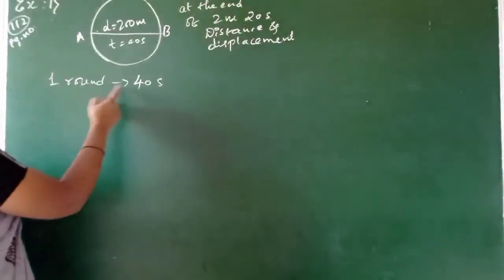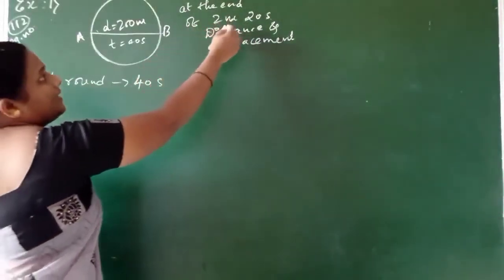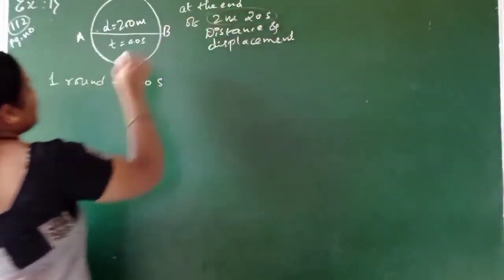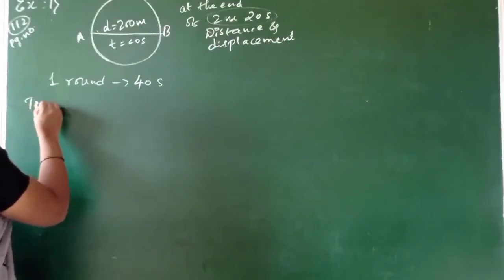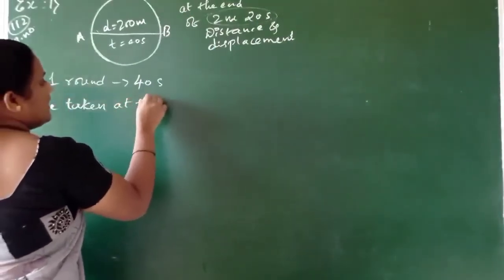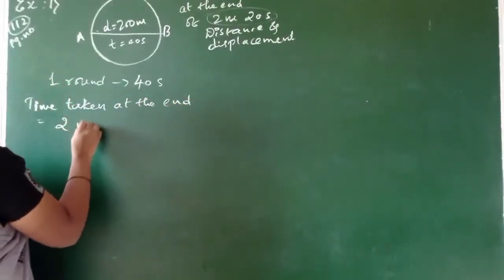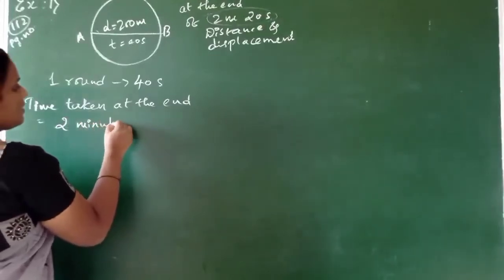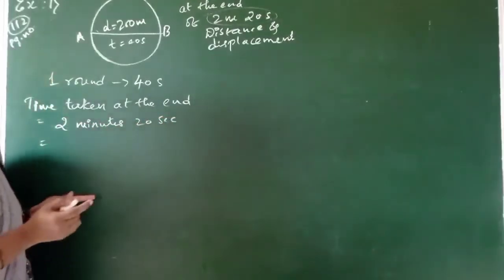So, if one round takes 40 seconds, let us calculate the total time taken at the end. How much, children? 2 minutes 20 seconds. We need to convert it into seconds now.